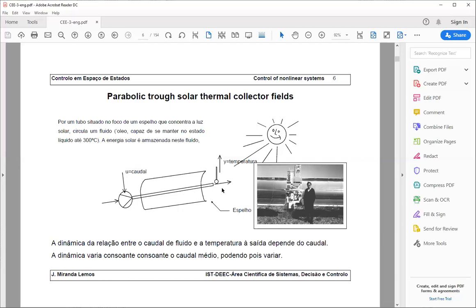So if you measure the temperature at the outlet of the solar field, as in here, and if you want a higher temperature, you will reduce the flow. If you want a lower temperature, you will increase the flow. That's very simple to understand. And you can see here one example of a solar collector field in the south of Spain.